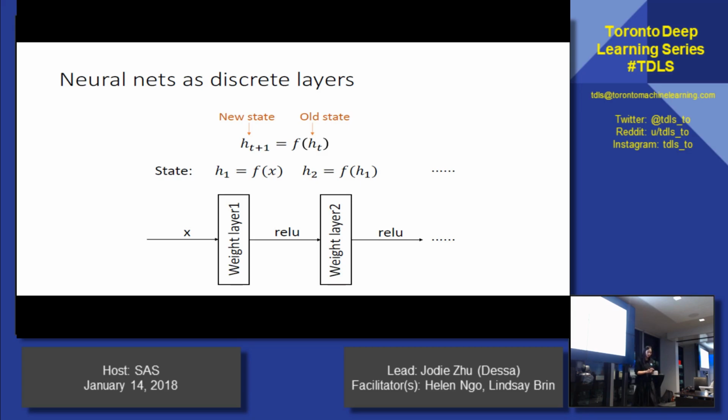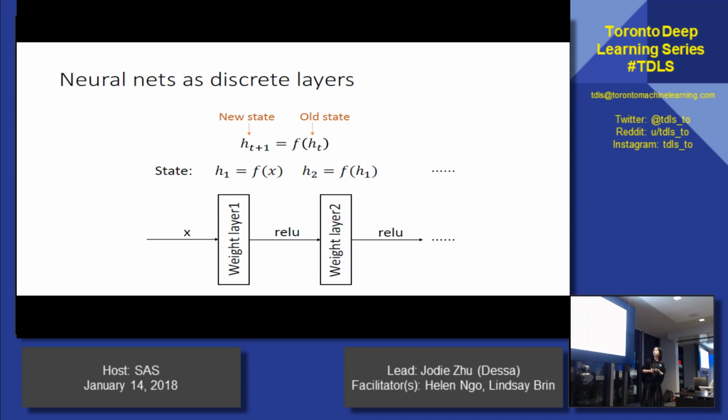Starting with the topic, we want a quick review of what neural nets are. Neural nets can be understood as discrete layers. Today we introduce the term state. State can be understood as the output of each layer, so we call them the new state and the old state.